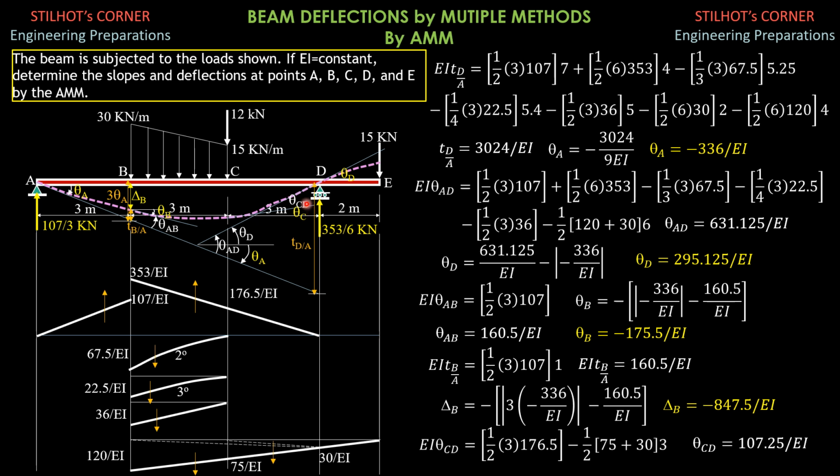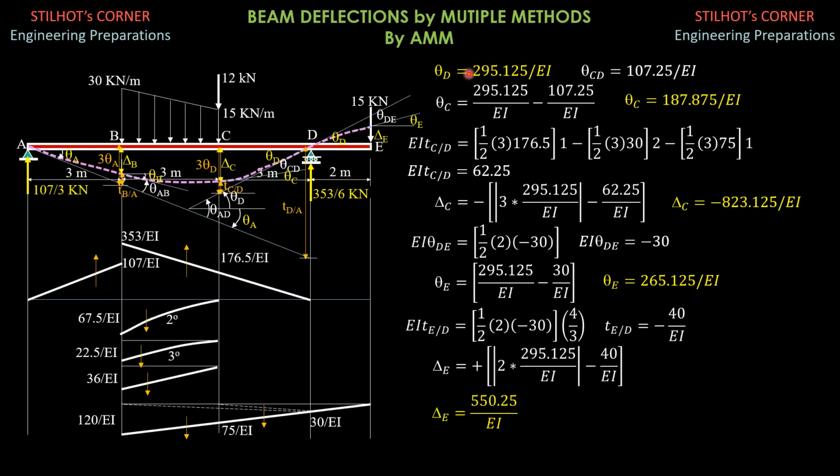So theta C is positive, and it is theta D, take note, horizontal to the tangent at D, and from the tangent at C to D, theta CD. So therefore theta C is theta D minus theta CD. We already computed theta CD. We already know theta D, which is 295.125. So let's have that on the next slide.